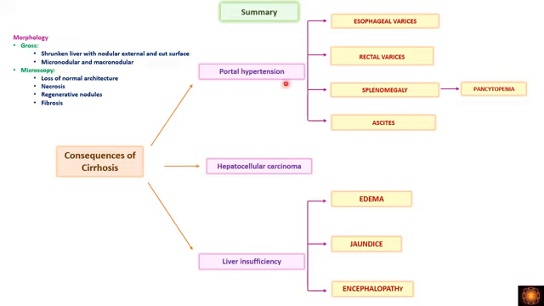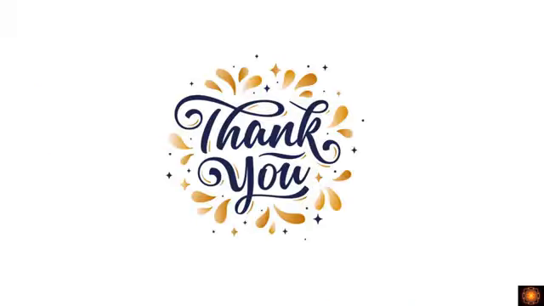The consequences of portal hypertension are esophageal varices, rectal varices, splenomegaly leading to pancytopenia, and ascites. Whereas the consequences of liver insufficiency are edema, jaundice, and encephalopathy. So that finishes the consequences of cirrhosis.